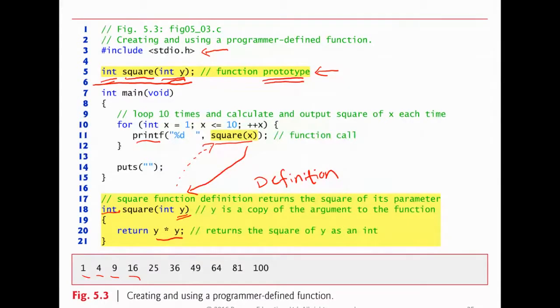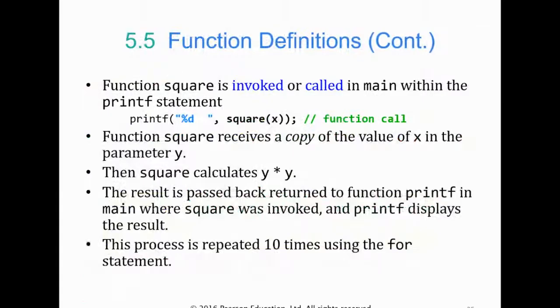So again, you have a function call. The function call takes you to the definition of the function. The definition does whatever it does and returns something that goes inside here, as the argument to the printf function, which has two arguments: %d, and whatever is returned from this function square, which goes in as the second argument and is displayed on screen.